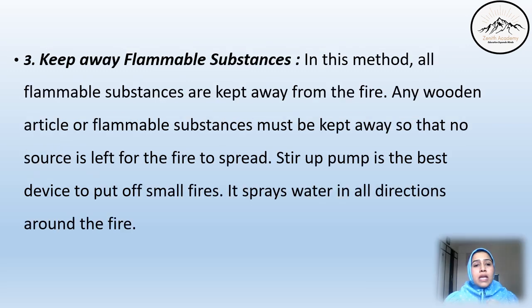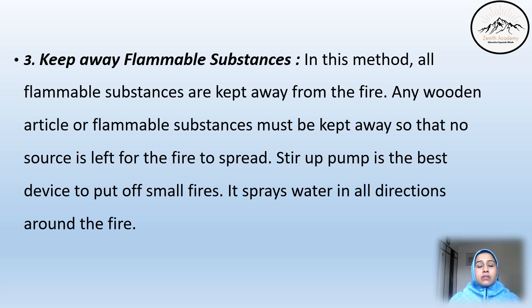Next one is keep flammable substances away. Now if there is a fire at a particular place, and that place is surrounded by other flammable substances like acetylene, kerosene, paints, varnishes, etc., then all these materials also will catch fire, and it will be a huge mass destruction.